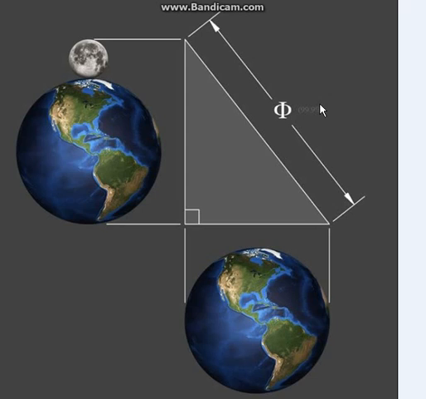So I want now to say one important point. If you believe NASA and astronomy, this image is correct. This is phi, this is Moon and Earth, this is Earth's diameter.